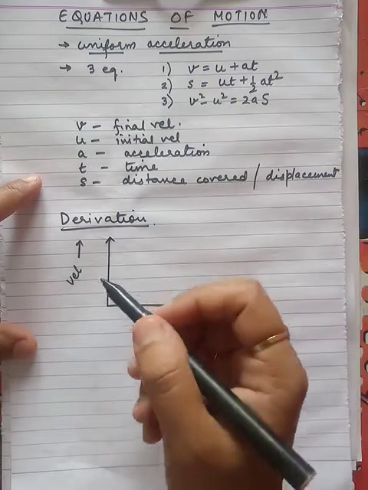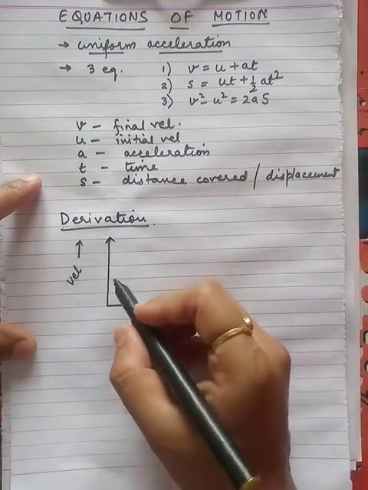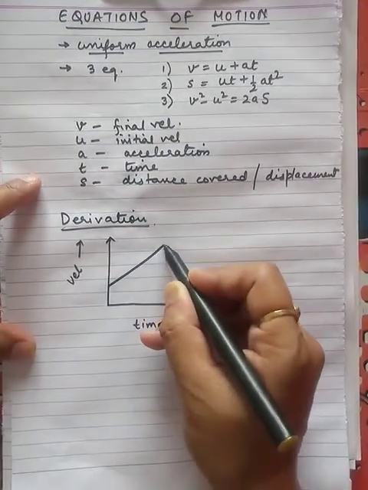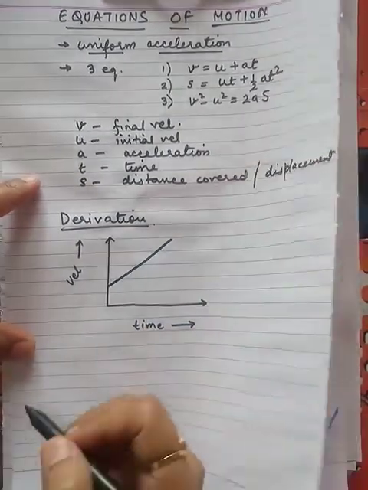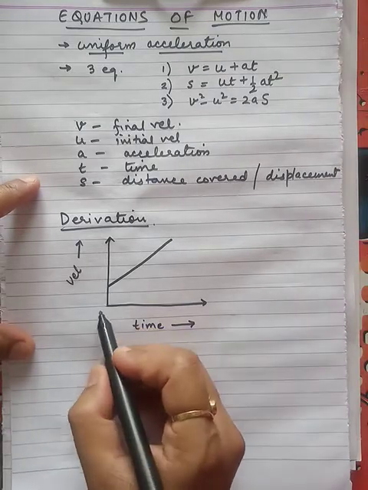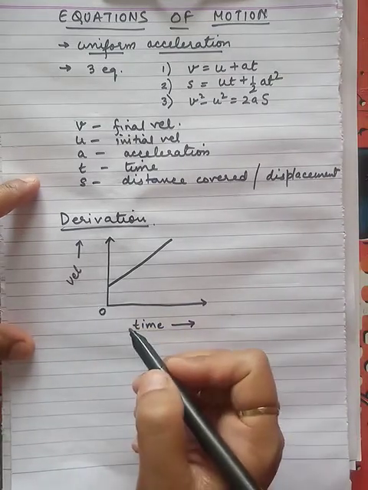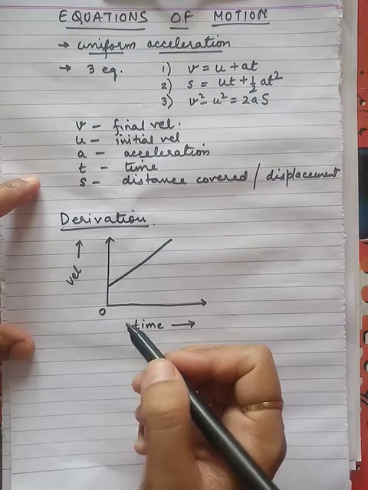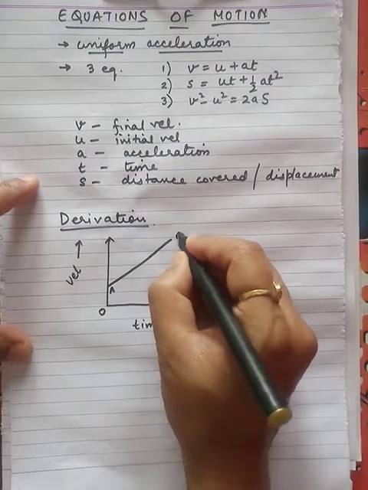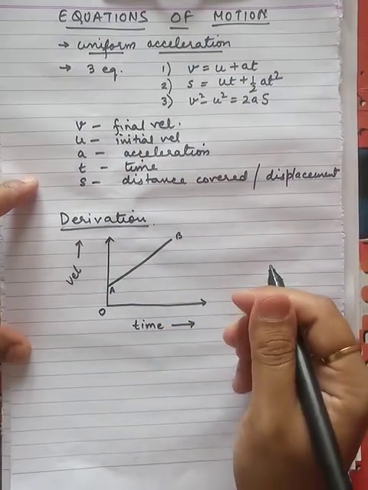You must be remembering it would be a straight line. This straight line I am drawing it from here. Okay, from here I am drawing the straight line. This is origin O, I can name it. Okay, and this graph I am naming it as AB. Graph line is AB, suppose.